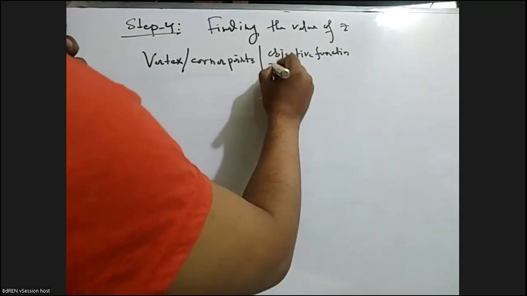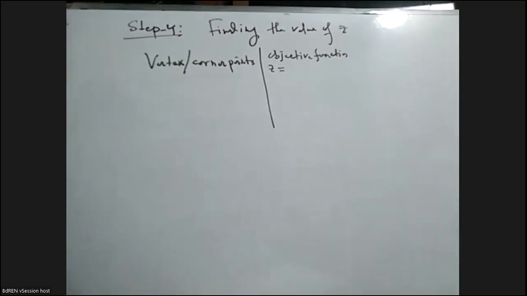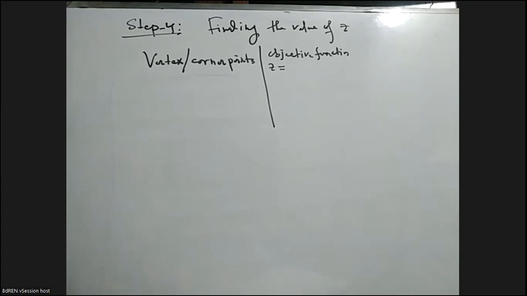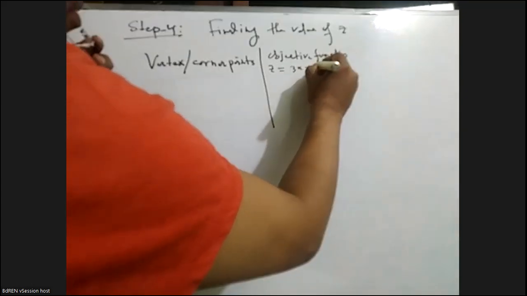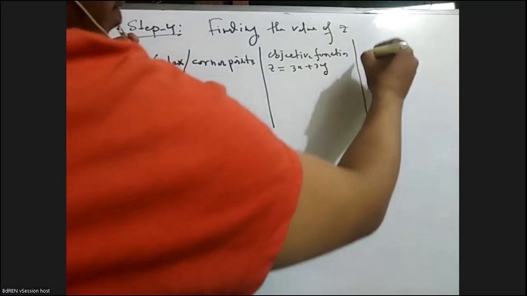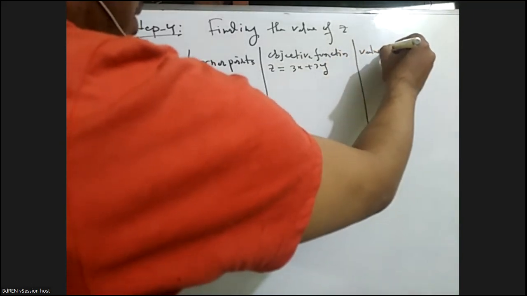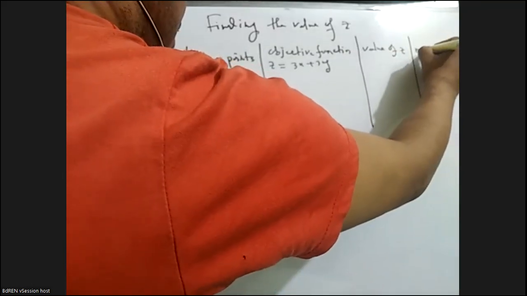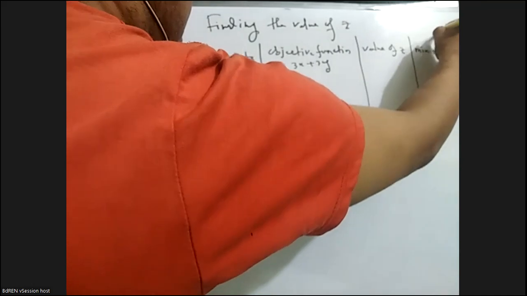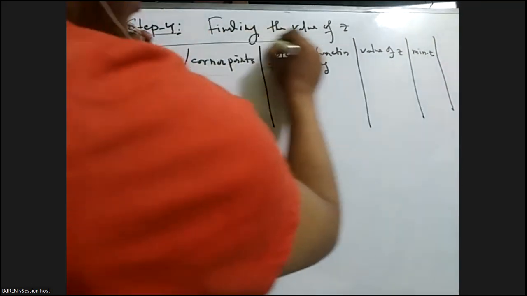Function what? Z equals to what was? 3x plus 3y. Then value of Z, then minimum value, mean Z. So this is a table.